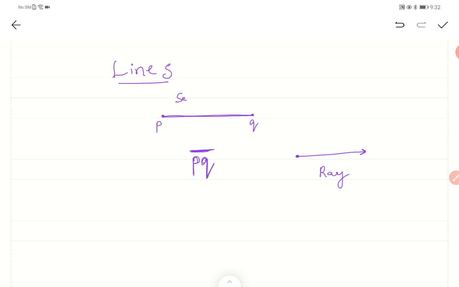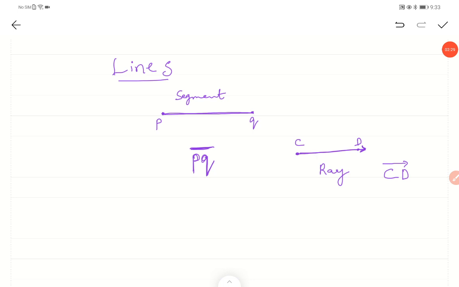This is your line segment. This is your ray. If I give the name for this as CD, you will show this as C D with an arrow on it. And if you have a line with arrow marks on both sides, you simply call this a line.